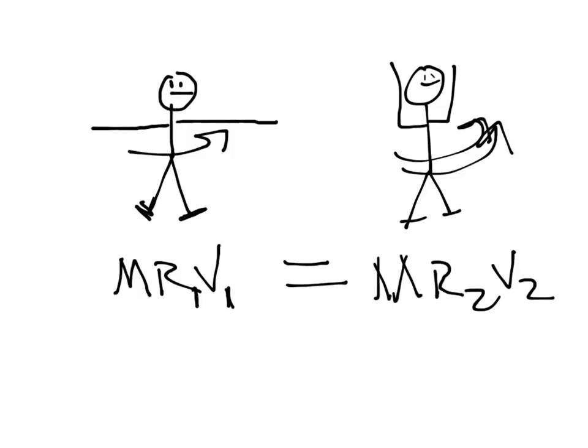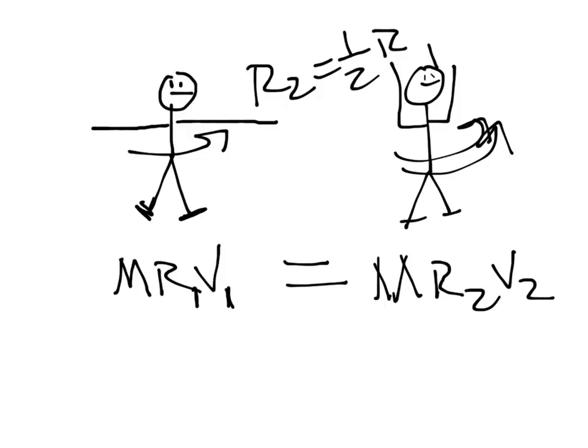So m, r1, v1, that's angular momentum, equals angular momentum afterward. So this guy can pull his arm in, he can make himself smaller. But the fact of the matter is, mass can't change. So velocity has to. If this gets smaller, this has to get bigger in order for this equation to still hold true. Let's say, for sake of argument, that r2 equals 1/2 of r1.